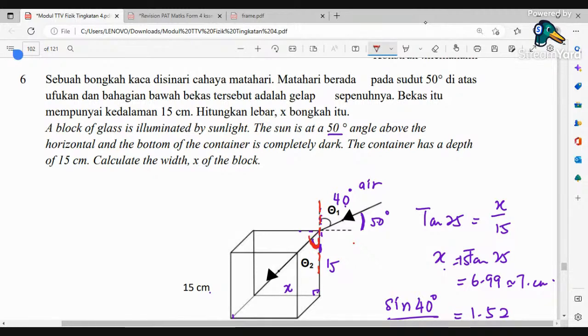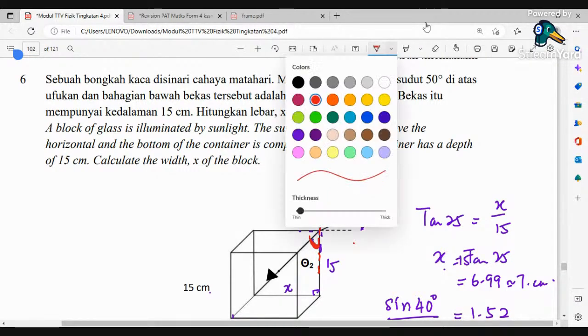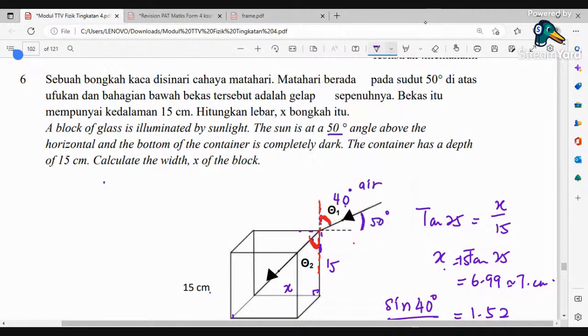Okay, maksudnya theta 1 angle of incidence, theta 2 ialah refracted angle. So kita guna formula Snell's law. N equals sin I over sin R. Okay.